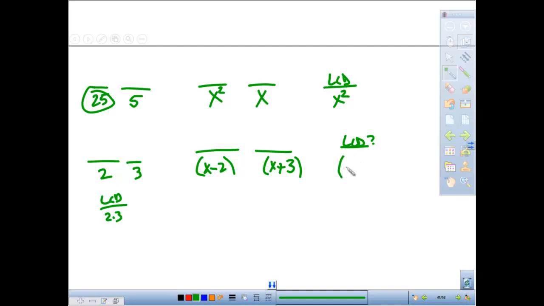So over here, the LCD is x minus 2 times x plus 3. What if there was an x minus 2 and then on this side we had an x plus 3? What would be the LCD now? It would still actually be the same thing. All we would have to do to this denominator is multiply it by x minus 2 on the numerator and the denominator.